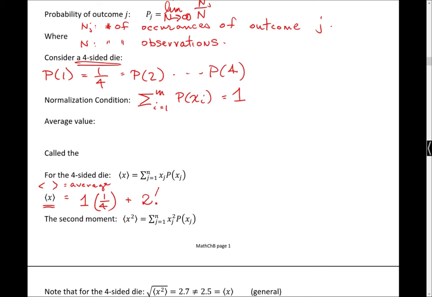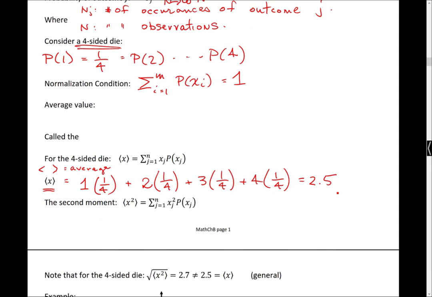I'm going to multiply that by the probability. And then 3 times the probability of observing 3, and 4 times the probability of observing 4. And that's going to give me my average value. Does that make sense to everybody? Okay? All right, and that's going to come out to be 2.5. We're going to use that number in a little bit.